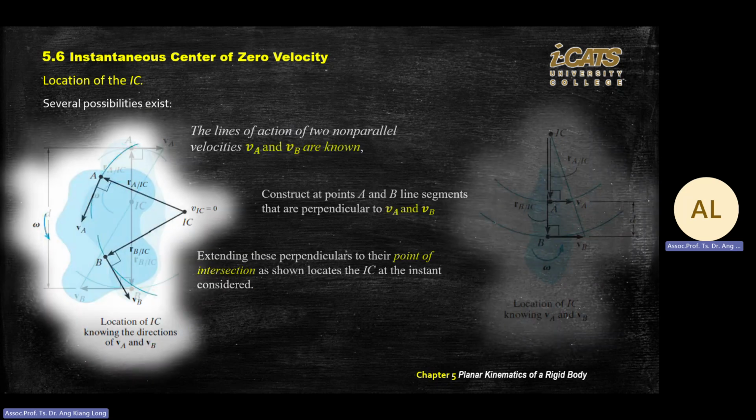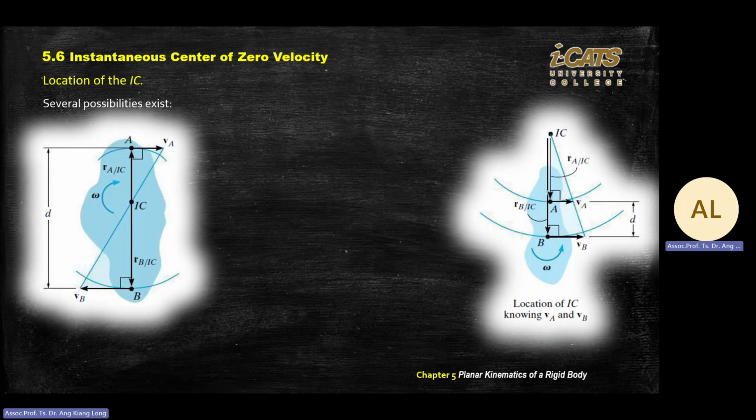Now we extend what we learned a few minutes ago. We focus on the left-hand side diagram. Let's say this body rotates clockwise. If you use your right hand rule, that is again negative omega k going inside the screen. So where is the location of IC? You need to pinpoint 2 points.